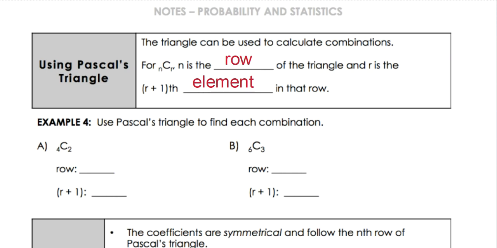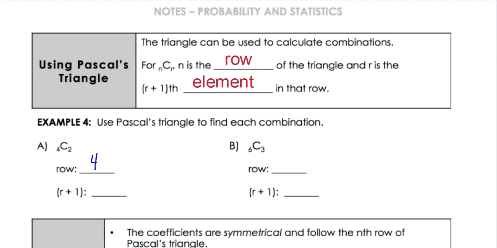All right, so we're going to kind of flip back and forth to the triangle that we were just working on. So this one says to choose 2 items from 4. So what that means, based on what we were learning above, is that we are going to go to the 4th row, and then we're going to choose the term that is one past how many we're choosing.